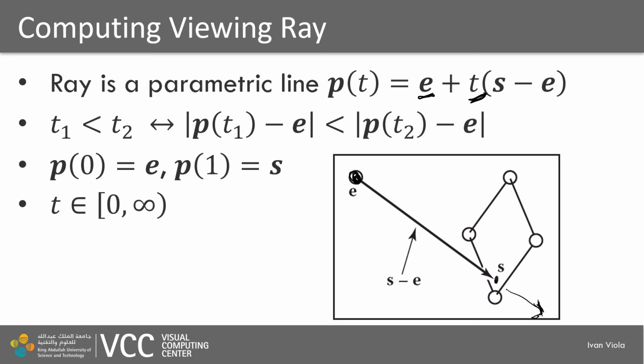That will be when our T varies between 0 and some very high number corresponding to the maximal depth.